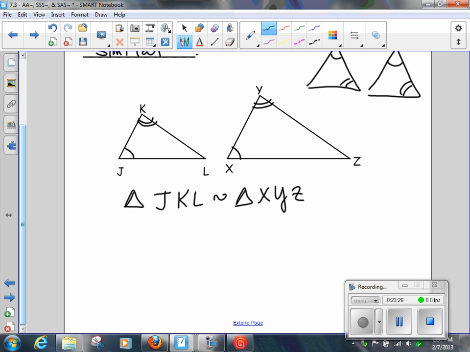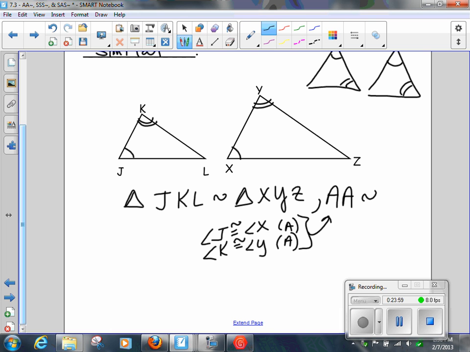Why are they similar? They're similar because of angle-angle similarity. You should be writing this down. And folks, you have to put that similar sign there. Why are they similar? Because angle J is congruent to angle X and angle K is congruent to angle Y. I have corresponding angle congruent, corresponding angle congruent, which makes angle-angle similarity. That's our postulate, okay?